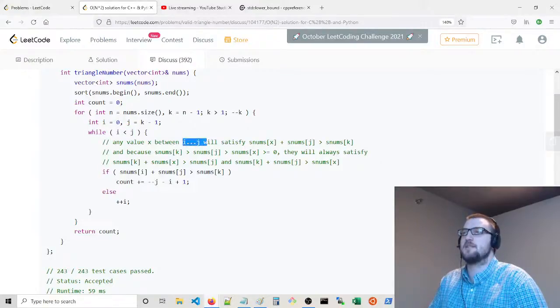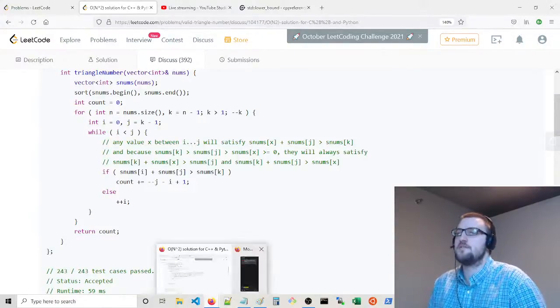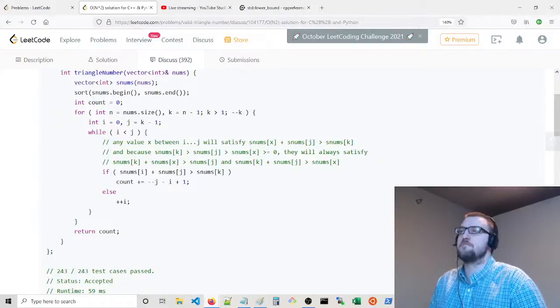Any value x between i and j will satisfy nums i plus nums j greater than nums k, because nums k is greater than nums j, which is greater than nums x, greater than or equal to 0, they will always satisfy the other. Oh, interesting. Okay, I see. Because any value x between i and j will satisfy this, and because this is greater than this, and this is greater than that, they always satisfy these two greater than this one.